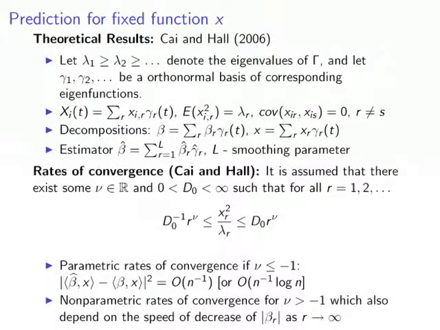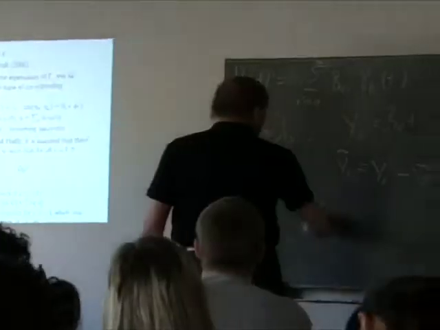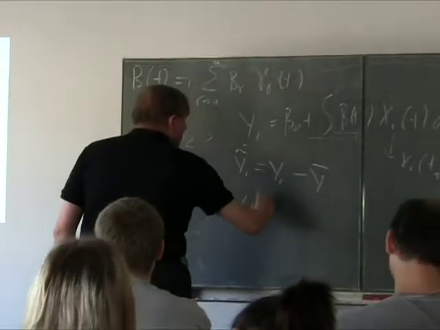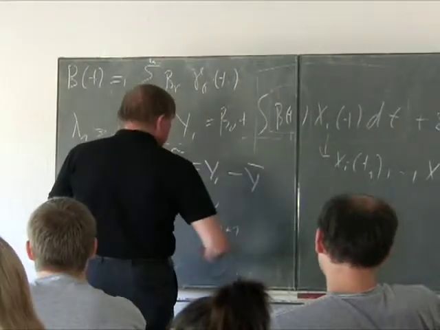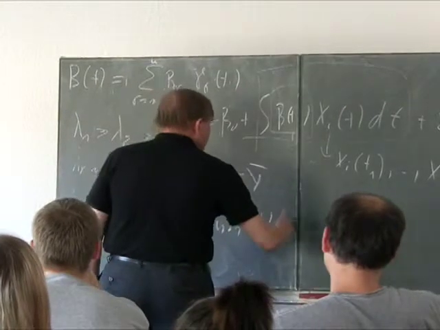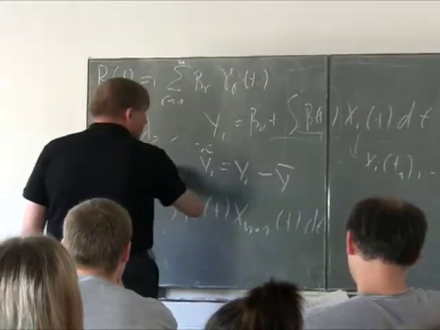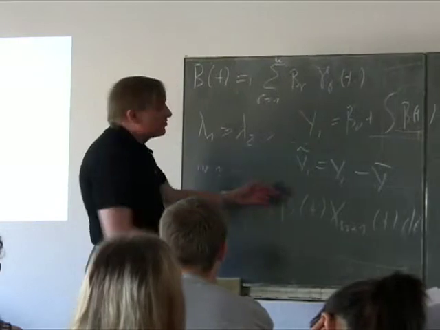And okay, just to say a little bit about the results of Cai and Tony. What we consider is just a regression error. We consider how well we can approximate the integral of beta t times x n plus 1 t dt, the result of this integral by the estimator with the hat.